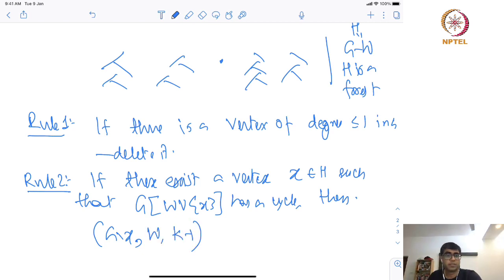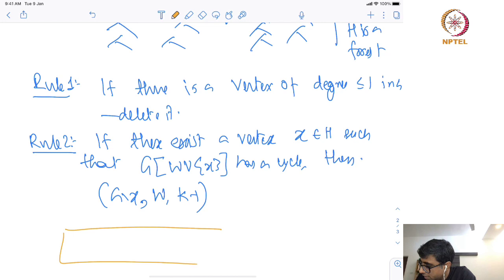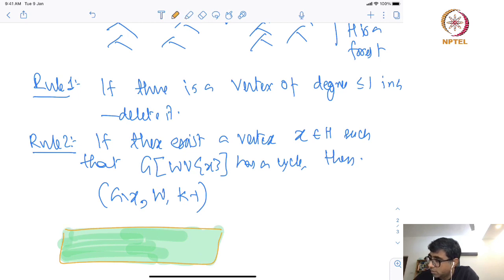Why? What does this reduction rule tell us? Look at G[W], this is W, which is colored, and I have a vertex X. The graph induced on W is acyclic, but the moment I add X, it has a cycle.